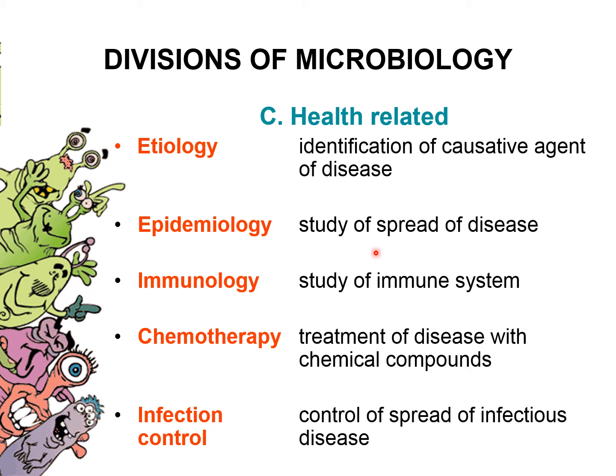So that spread can be specific to a specific area, like it can be epidemic or it can spread throughout the world, as in case of pandemic. Immunology is the study of how our immune system defends itself against the invading microbes. Chemotherapy is the study of treatment of disease with chemical compounds, and infection control is the study of how the spread of infection can be controlled.